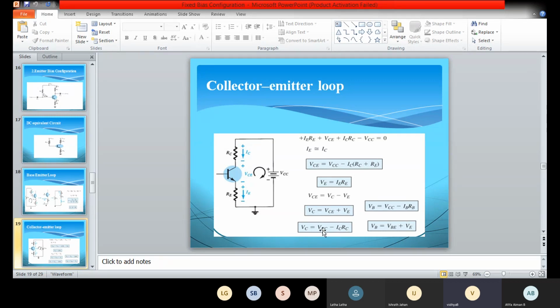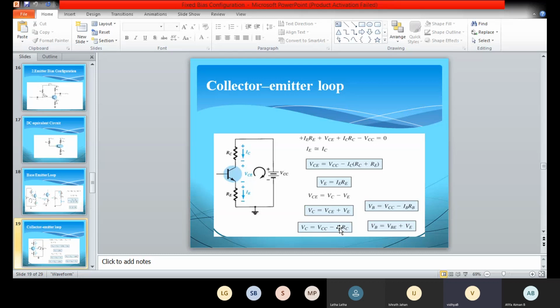Next, VC is equal to VCC minus IC RC. This we can write like this. What about VB? VB is equal to VBE plus VE. From this equation only we can write it in different forms.